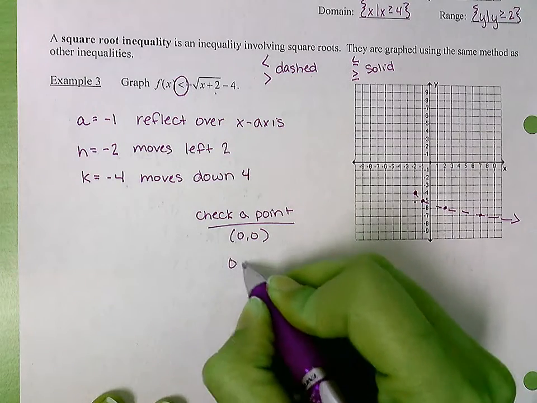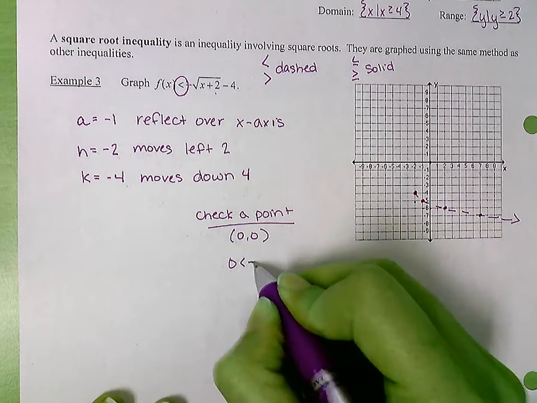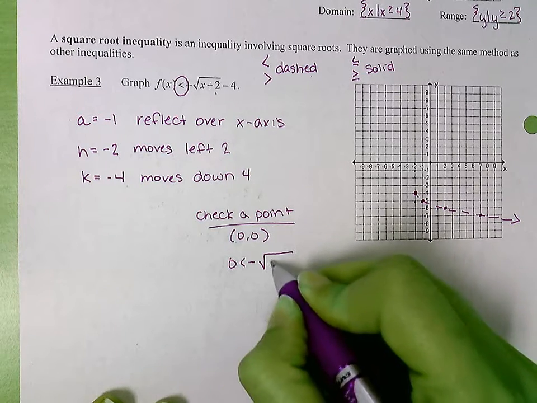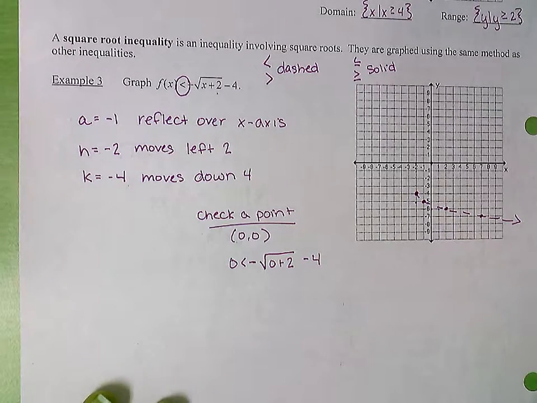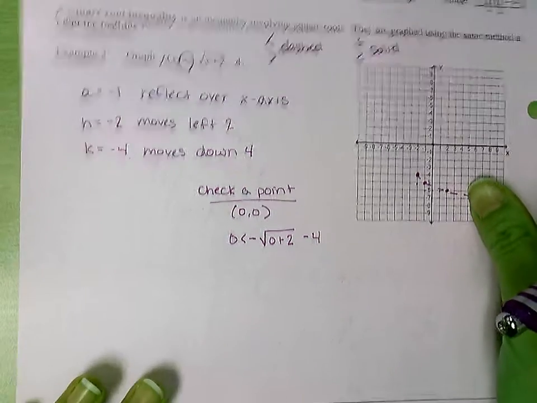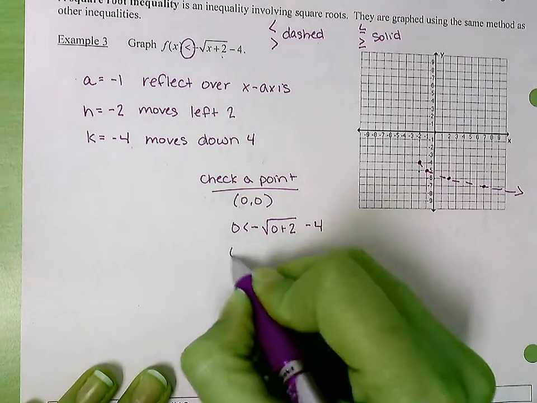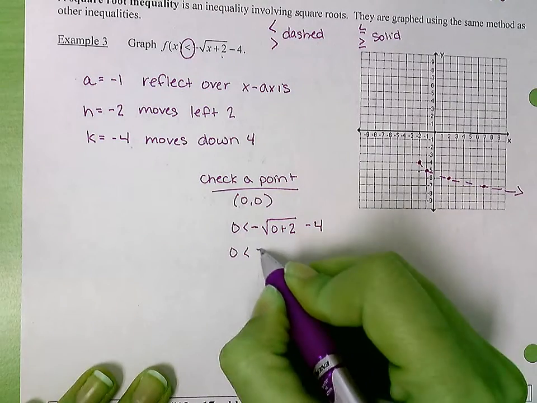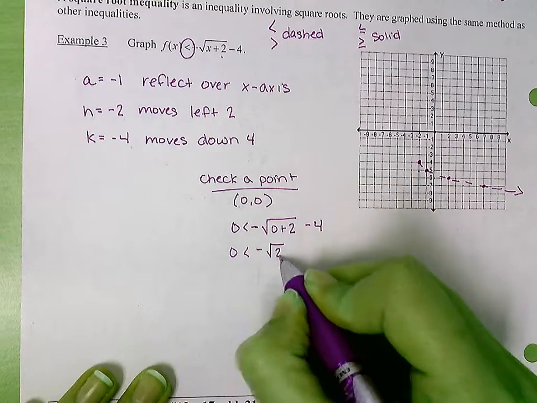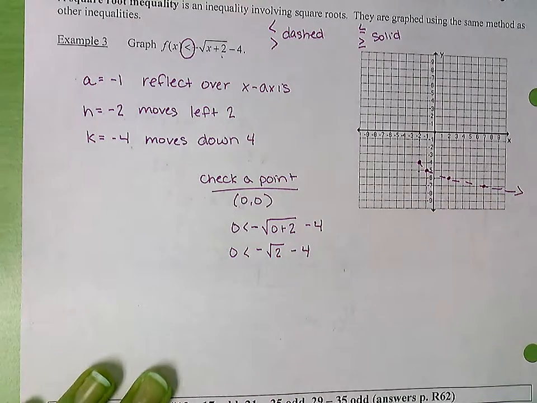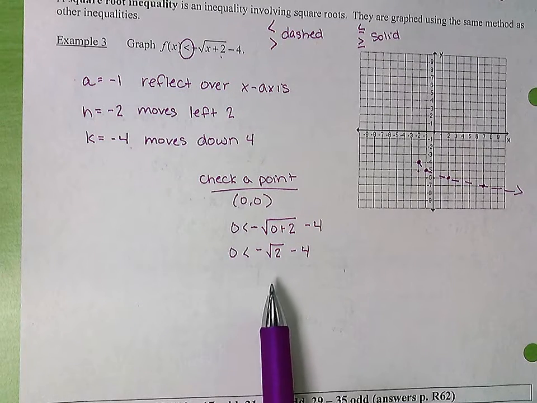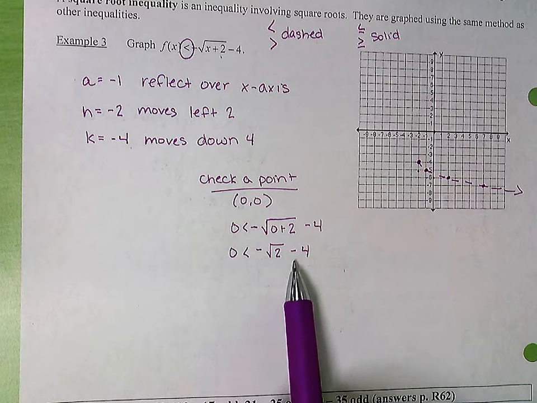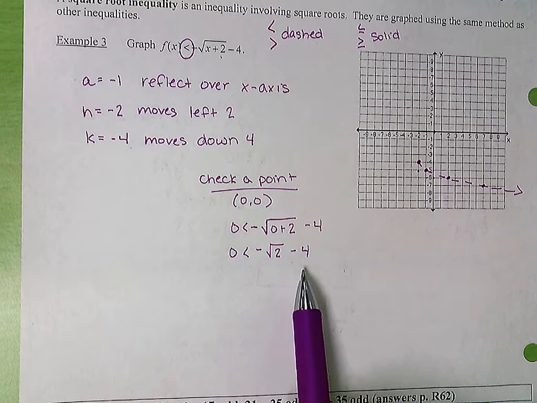So we have 0 is less than negative square root of 0 plus 2 minus 4. So I have 0 less than negative square root of 2 minus 4. When I get to this step, yes, square root of 2, you're going to get a decimal, right? But if I have a negative minus 4, is that going to be a negative?